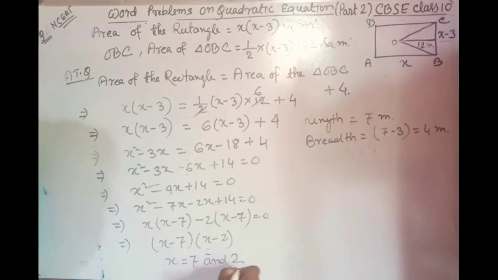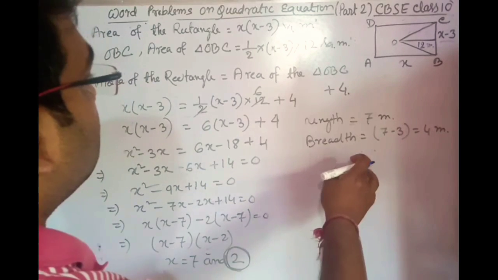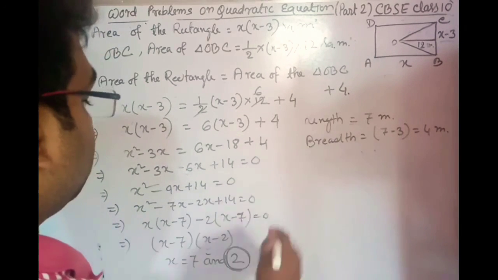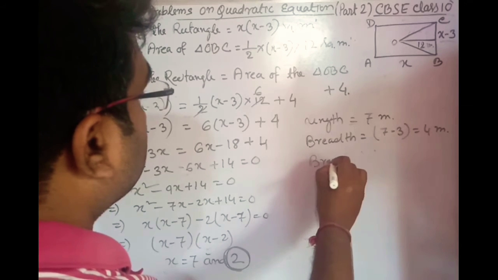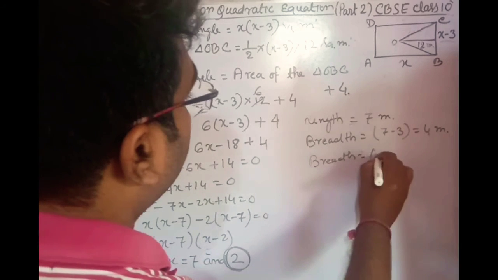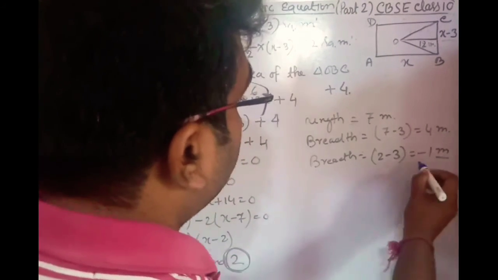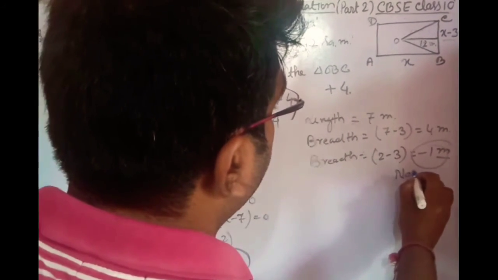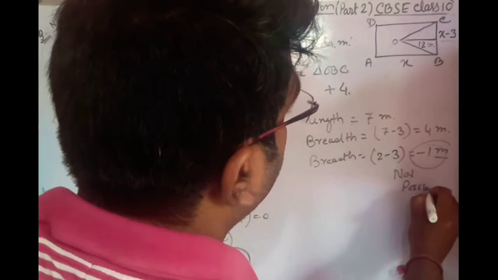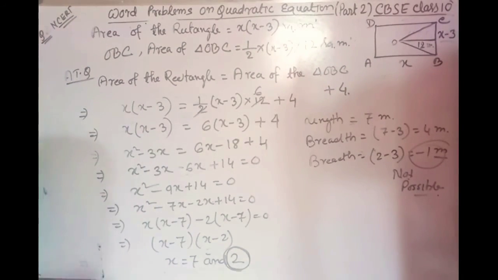If we take the value x equal to 2, then the length is okay, but the breadth is equal to 2 minus 3, that is minus 1 meter. Not possible, which is not possible. So we can't take this value, we only take the value of x like this. Okay, next we move to another question.